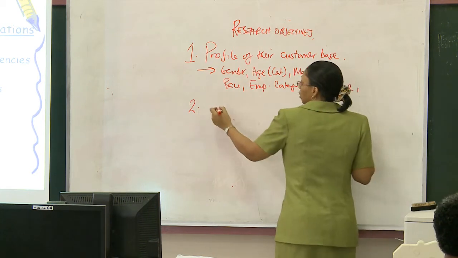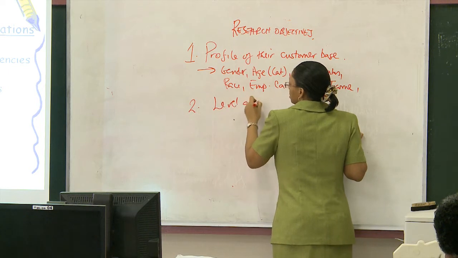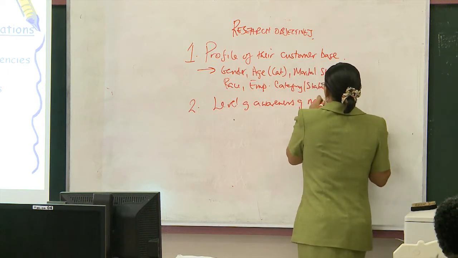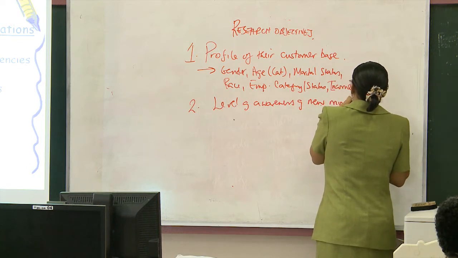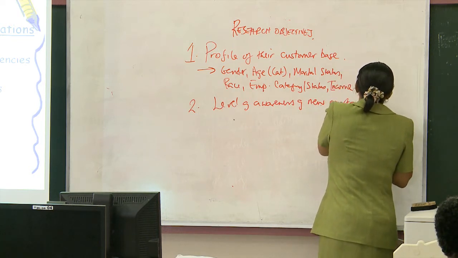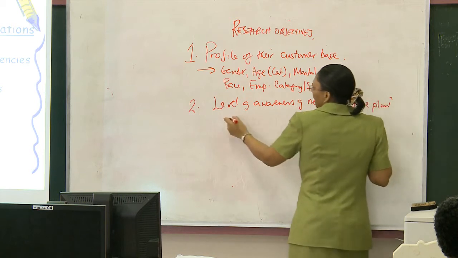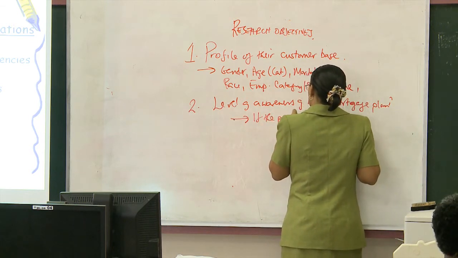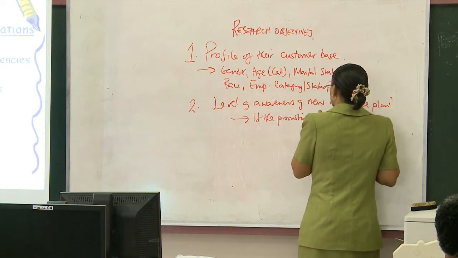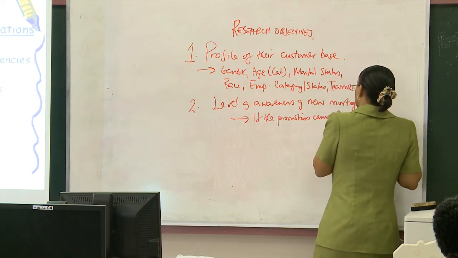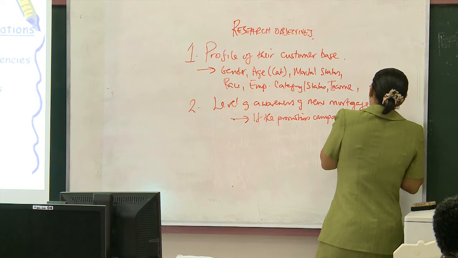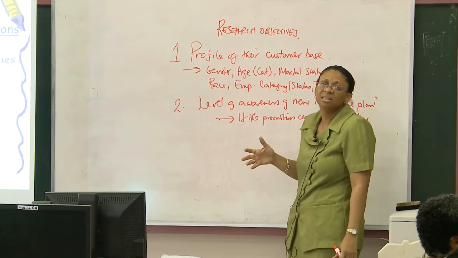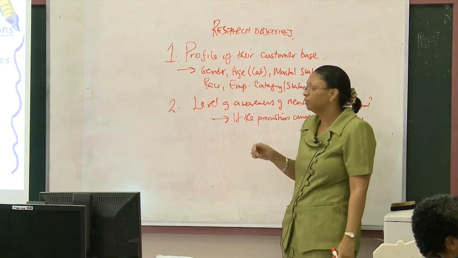So they want to know the level of awareness of the new mortgage plan. And really and truthfully, folks, deeper than that, they want to know if the promotion campaign is working. Yeah? They ask about it, you know. It's only obvious they got some type of promotions campaign or however they're trying to disseminate information about this mortgage plan. One of is working.